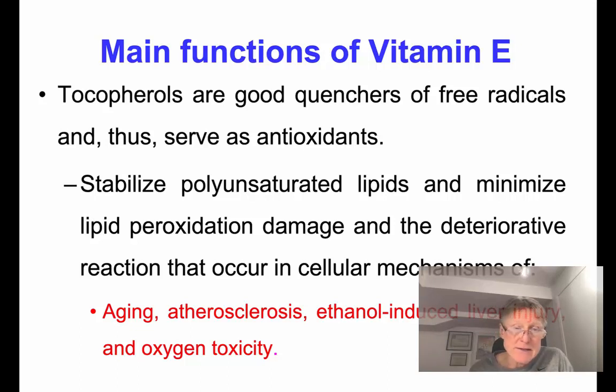And normally you see a deterioration of the cell membrane in cells as we age, or in people who have atherosclerosis, or people who are heavy drinkers, and also when there is an excess exposure to oxygen, as the name says, it oxidizes, it creates these free radicals that attack the membrane.